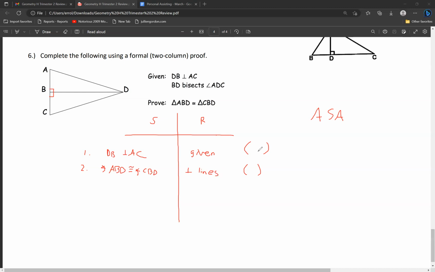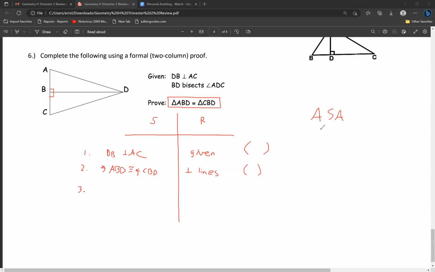Okay, and then three would be what? This one was like a proof for number two. It was just ABD is congruent to CBD. Well, that's what we're trying to prove, though. But we need one more thing.